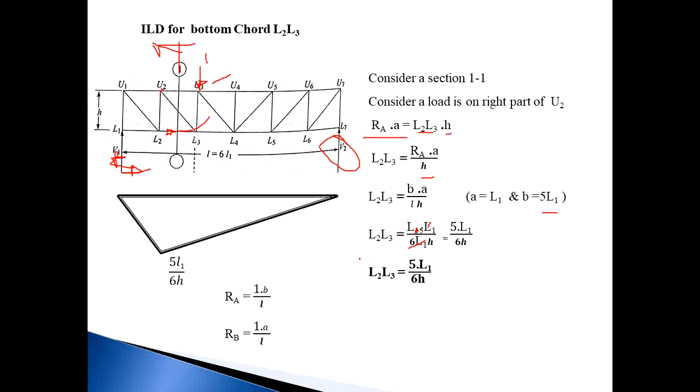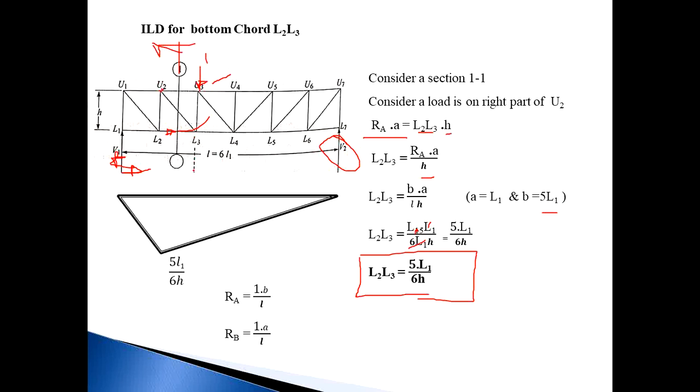So the ILD coordinate for L2 L3 is 5L1 upon 6H, and the nature of the force in L2 L3 is tension. Okay.